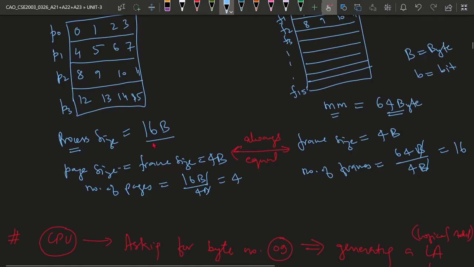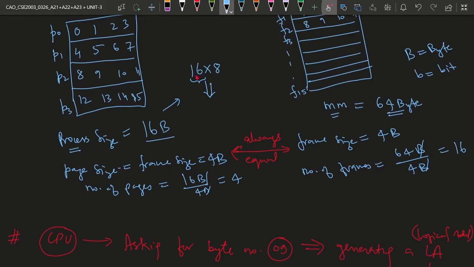Here, first of all, the process size is 16 bytes. For representing 16 bytes, how many bits will be required? 16 bytes is 16 cross 8 bits. To find out how many address lines will be required, we only focus on 16, because 8 is the word size we are taking.